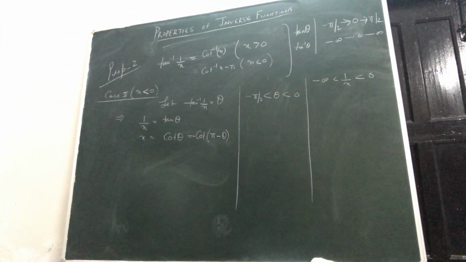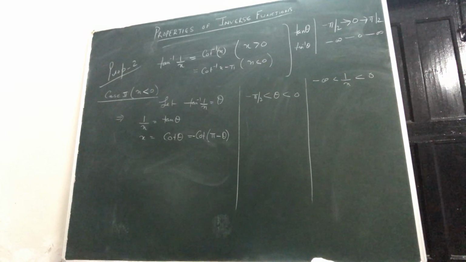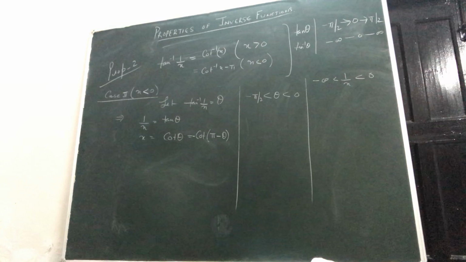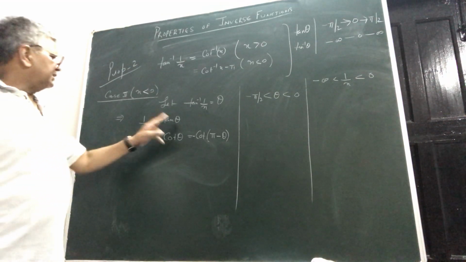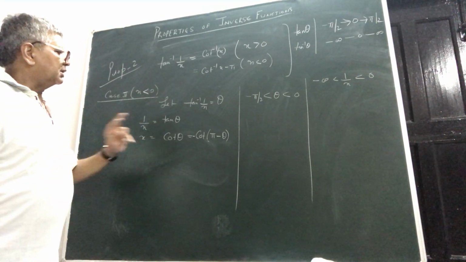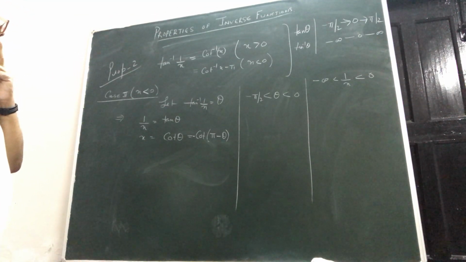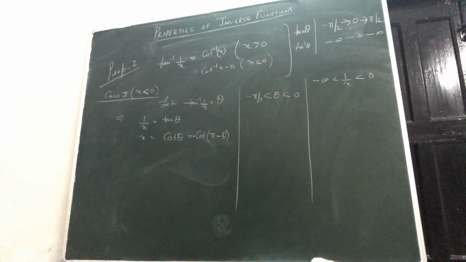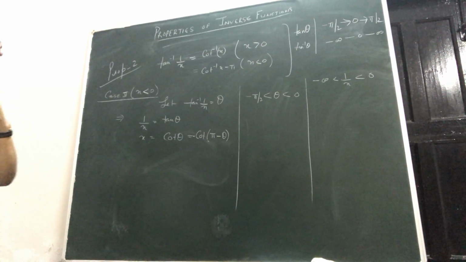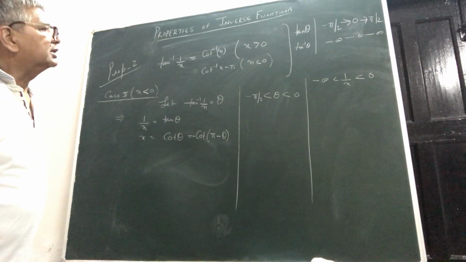Are we justified in writing this like this? That we need to make sure. So minus x, you will be writing tan inverse 1 upon x. 1 upon x is tangent theta, so x you are writing as cot theta. Cot theta, it will be pi by 2 or pi only. Cot of pi minus theta.